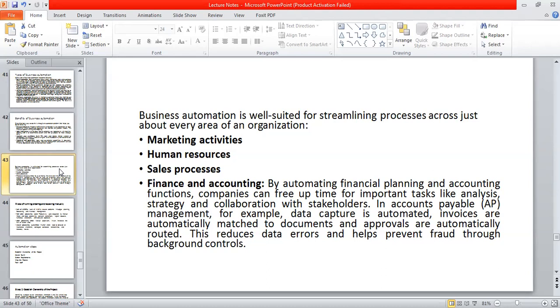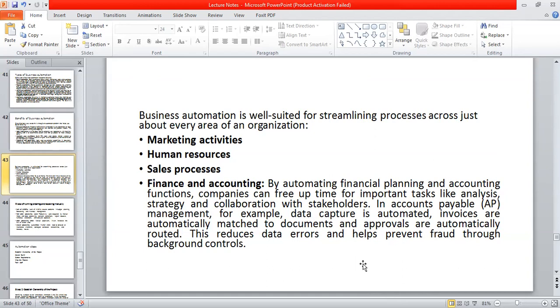By automating financial planning and accounting functions, companies can free up time for important tasks like analysis, strategy, and collaboration with stakeholders. In accounts payable, for example, data capturing can be automated, invoices can be automated and matched using systems, and approvals can be automated and routed to different employees.